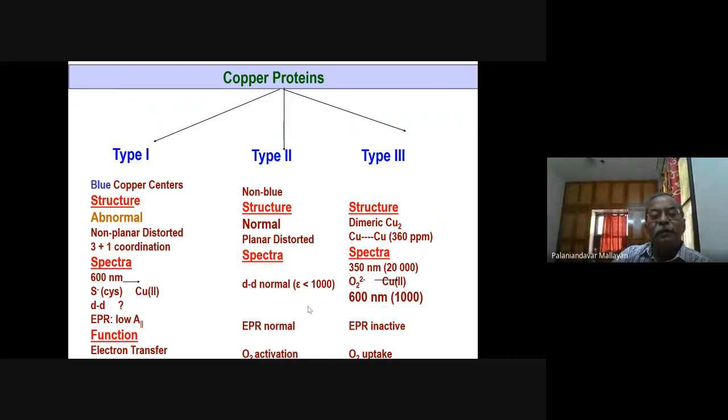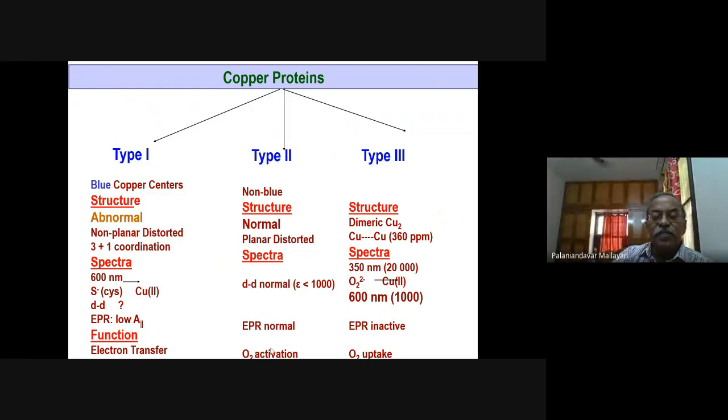And their function is O2 activation, activating the dioxygen. Dioxygen, as I told you, has a double bond. So it can be made reactive by coordinating the dioxygen to copper, that is, by decreasing the bond order.